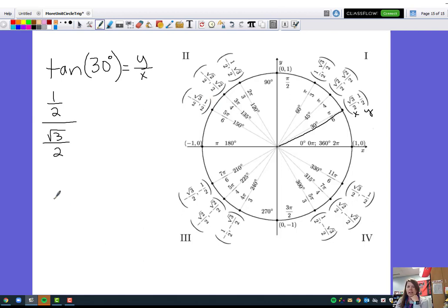And you're probably looking at me like, Miss H, we don't like fractions. And right now you have fractions inside of another fraction. What are you doing to us? And so what I want you to look at is how we can simplify this ugly fraction.